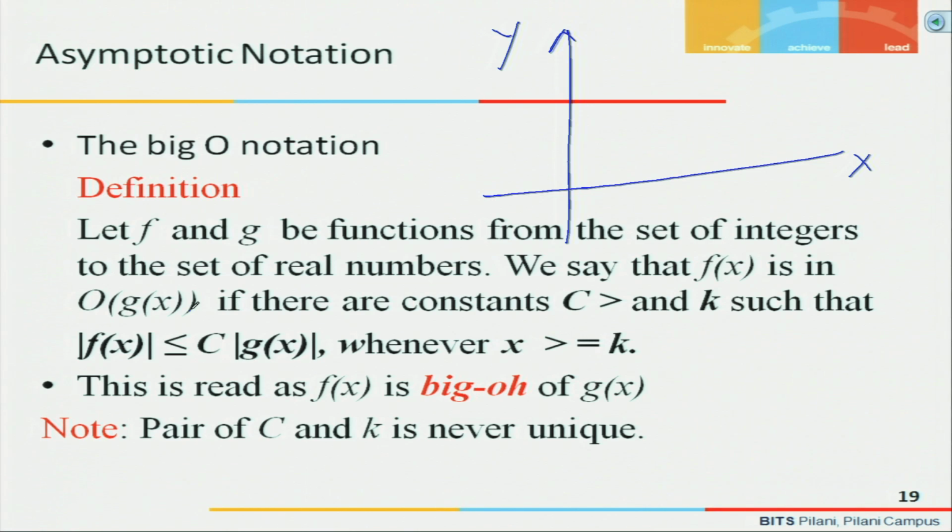That means, maybe initially c g(x) is less, but after a stage, which is x equal to k, this is always going to be bigger than this. So, if I draw a graph like this, this is my c g(x) and this is your f(x).